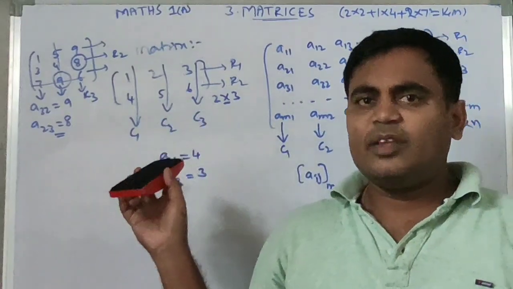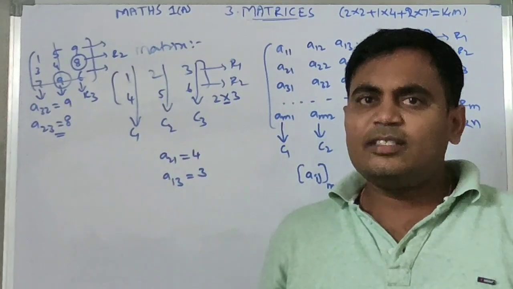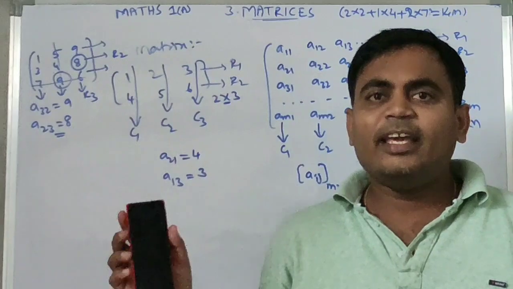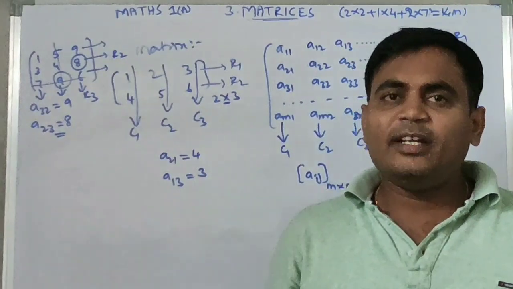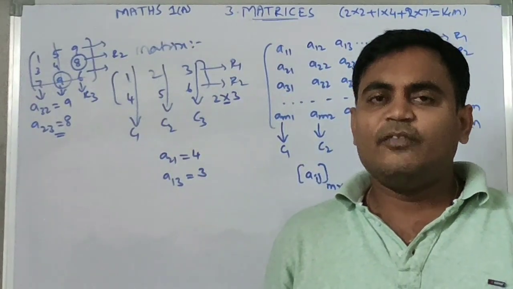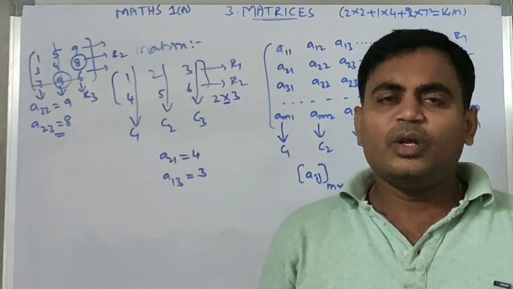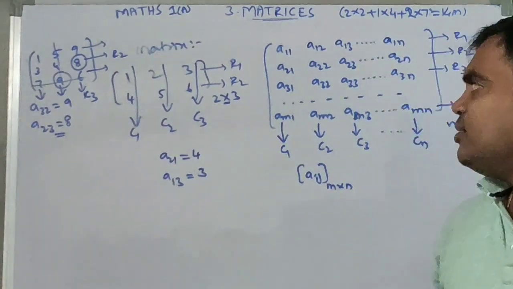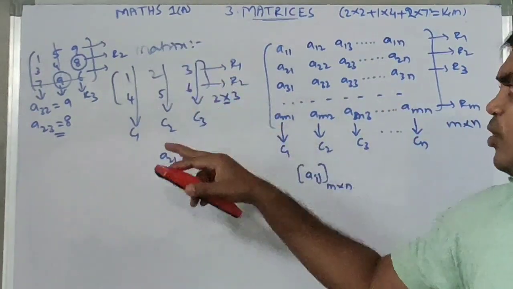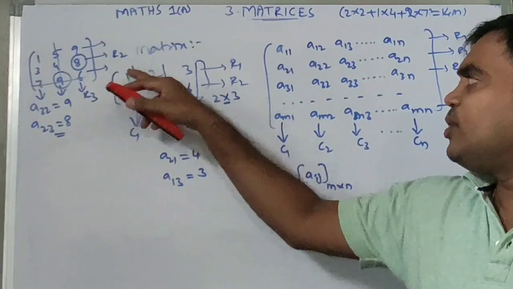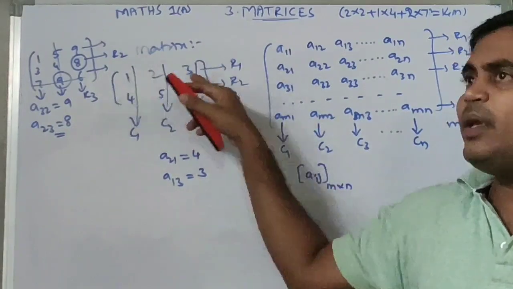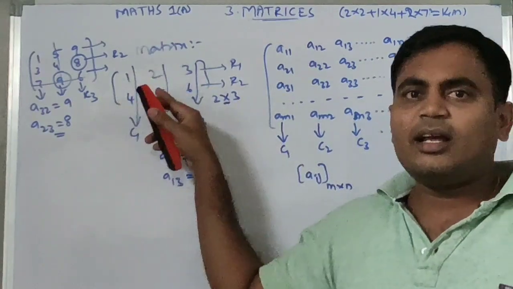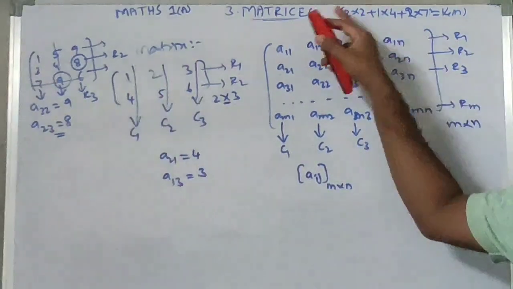So here we are arranging elements into rows and columns in a systematic order, then the arrangement is called a matrix. The elements which appear horizontally are called rows, and vertically are called columns. So I am taking this matrix.